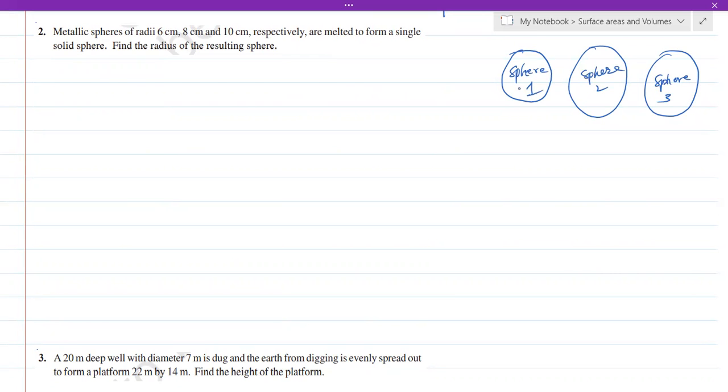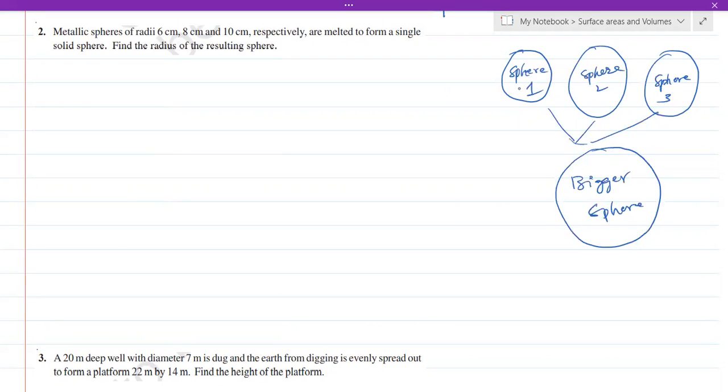These 3 things are converted into what? A bigger sphere.